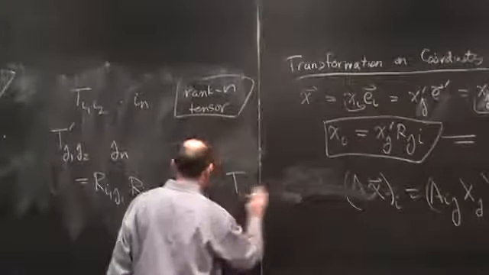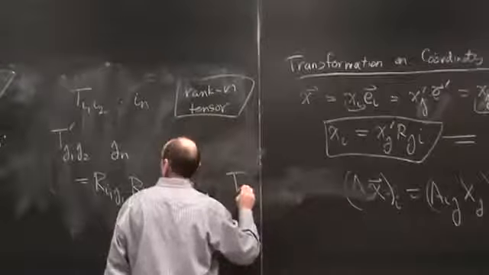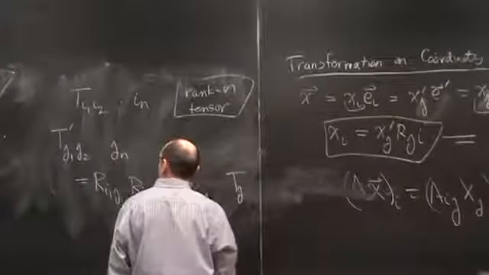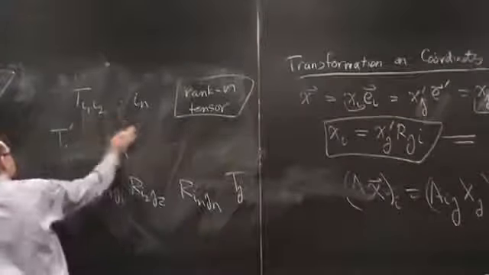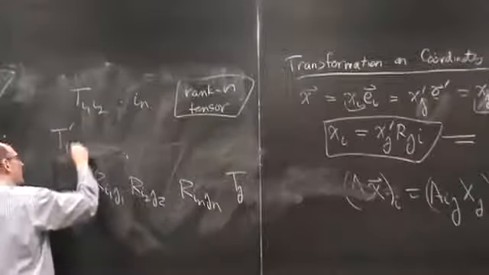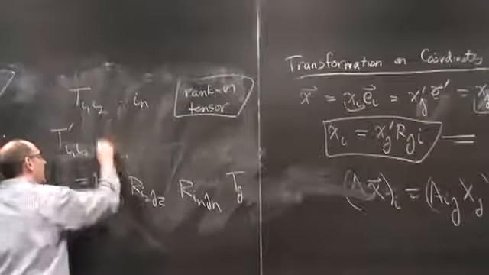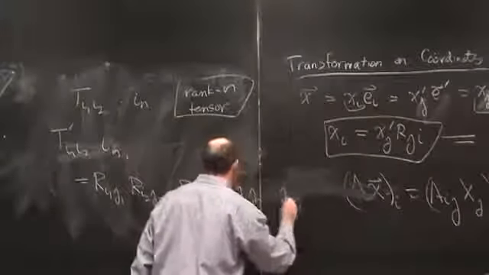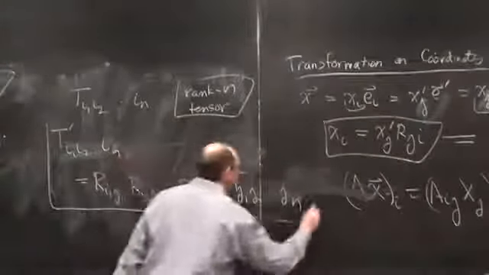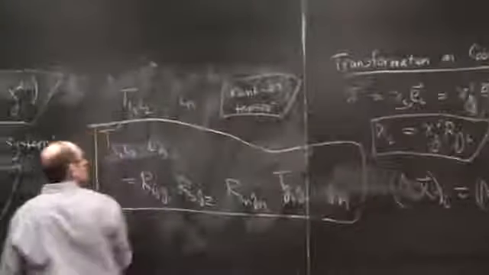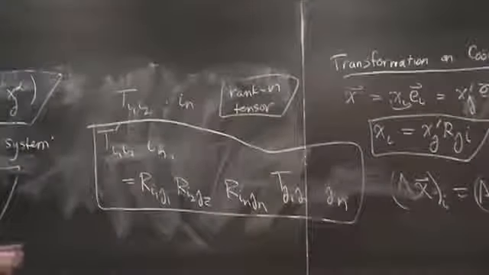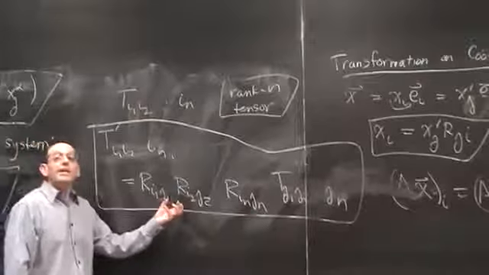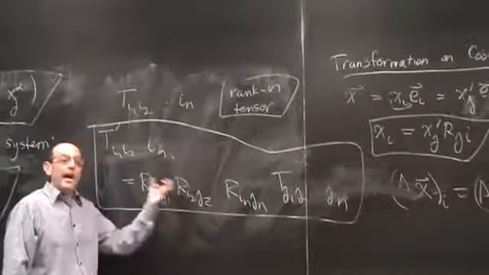I'm sorry, something J. I1, I2, ... In, J1, J2. An object which transforms this way is known as a rank n tensor.